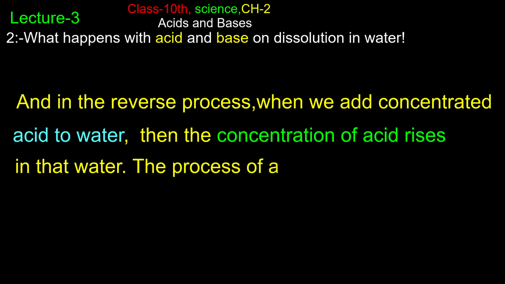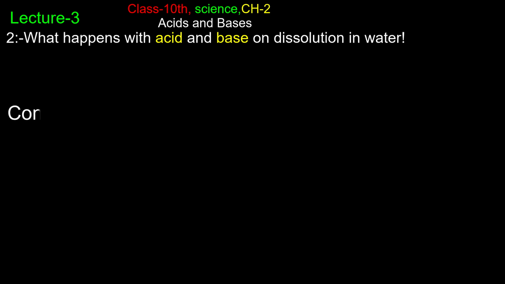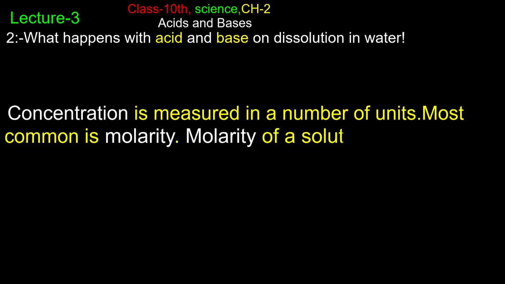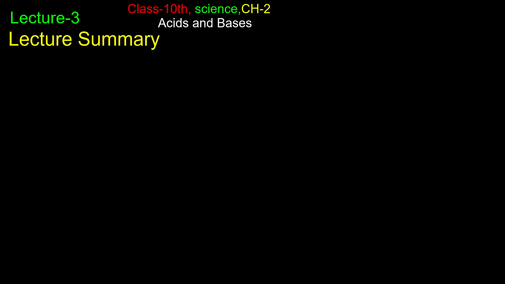The process of adding water to the acid or base is called dilution. Concentration is measured in a number of units. Most common is molarity. Molarity of a solution is the number of moles of a solute in 1 liter volume of its solution.